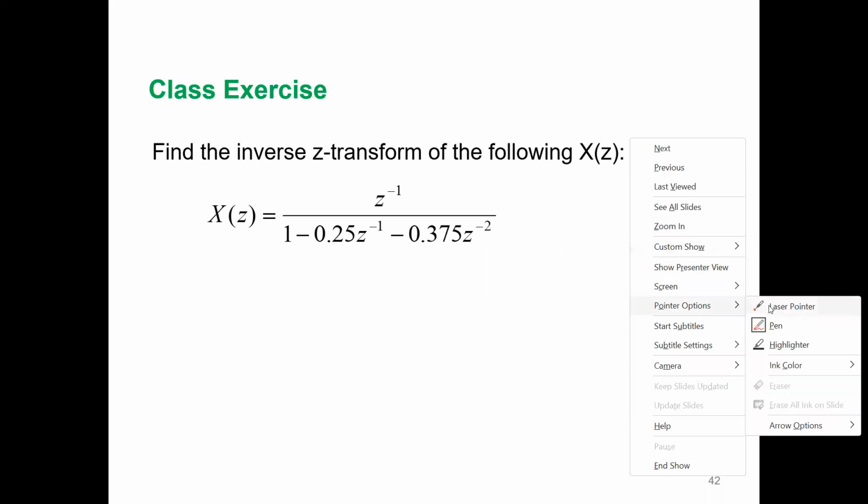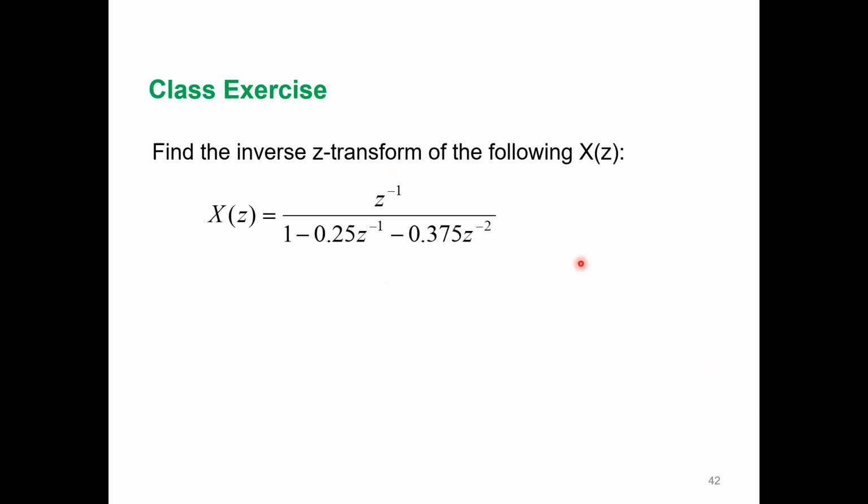Can you give it a try? Take a few minutes. This is X(z) I'm giving you, and can you break this into partial fractions and then calculate the inverse transform and then find out the time samples of X(z).